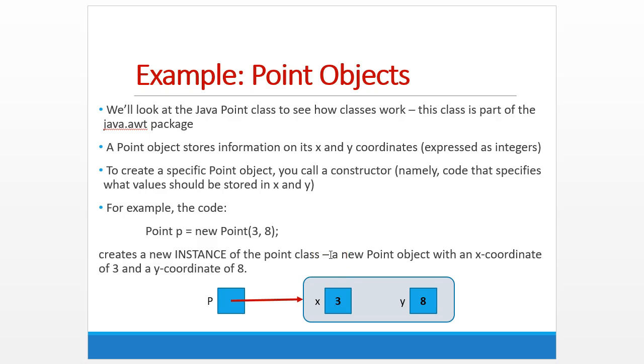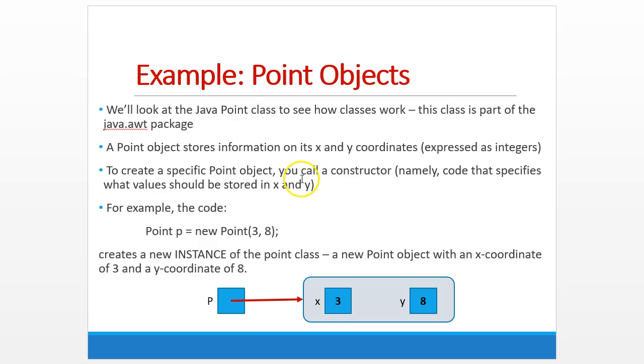So now we're going to talk about a more concrete example. There's actually a class in Java called the point class. And so we're going to take a look at how we use the point class, and then we're going to actually implement a point class on our own so you can see how that works. The point class is part of the Java AWT package, and it has as its state x and y coordinates.